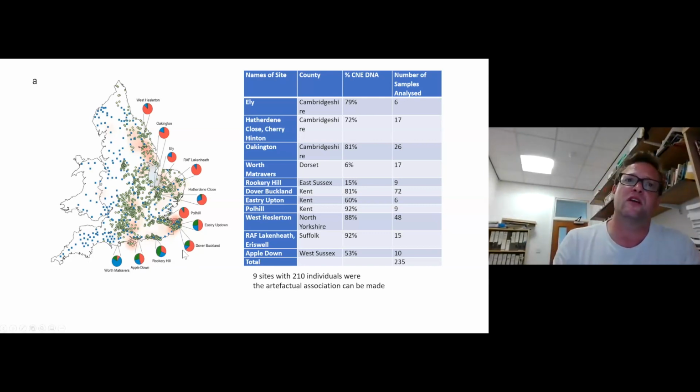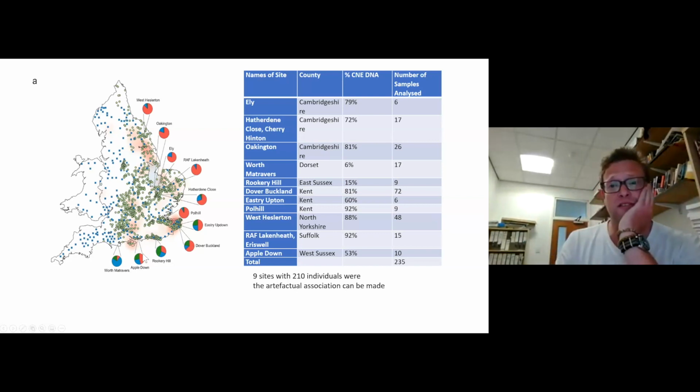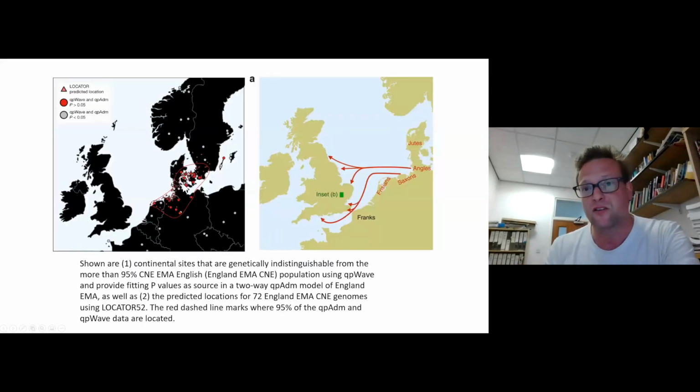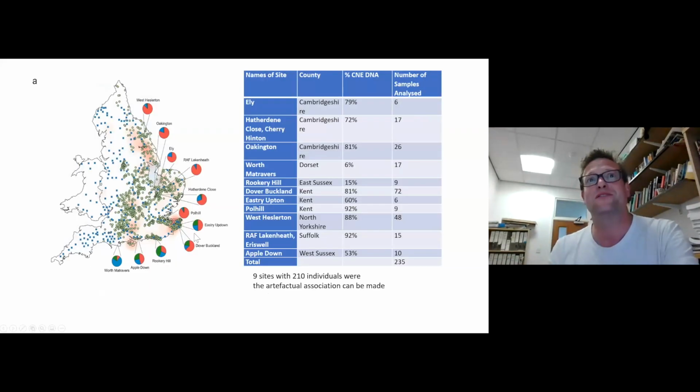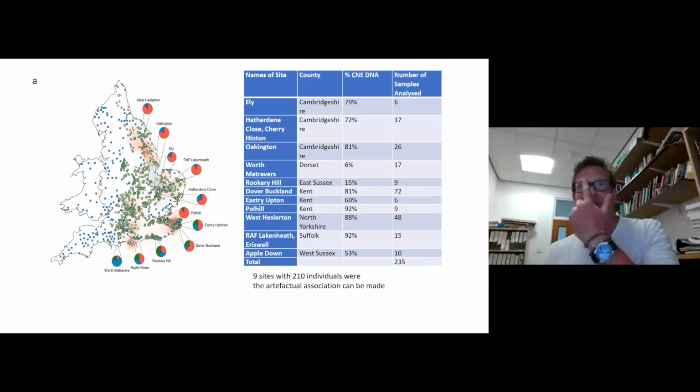As we move west along the south coast of Britain, we start to see more and more Western British Irish DNA. So being on the coast appears to be quite a significant part, and the east coast, effectively facing continental Europe, appears to influence your genetics. Geography is important, I guess.